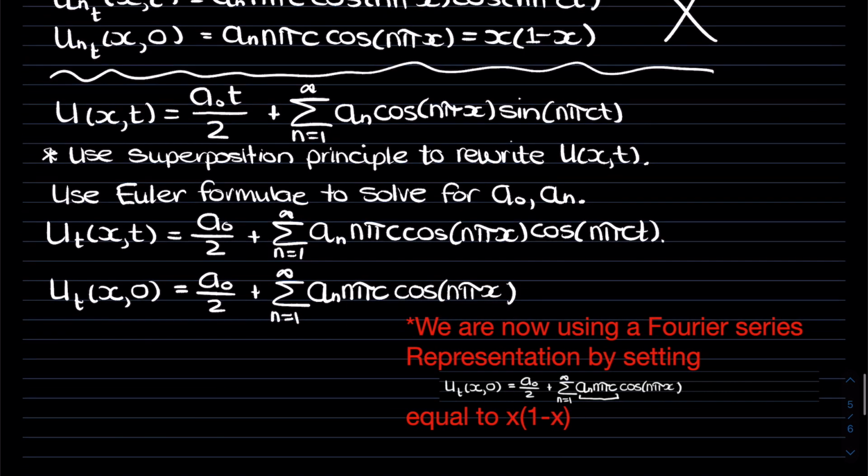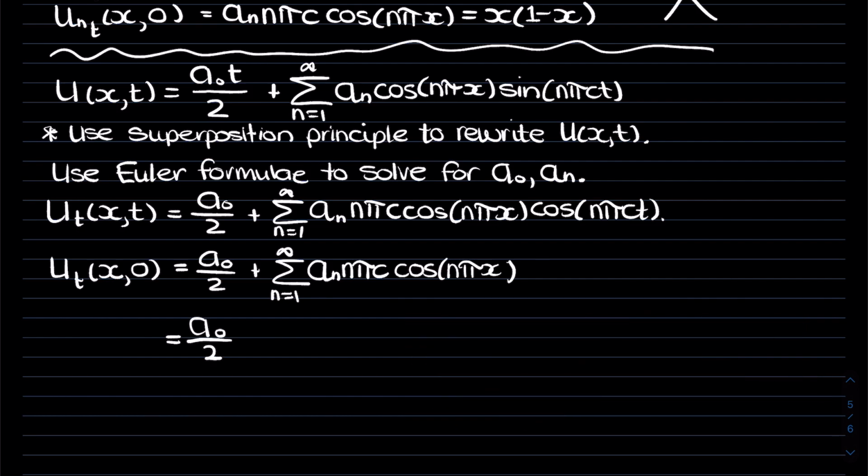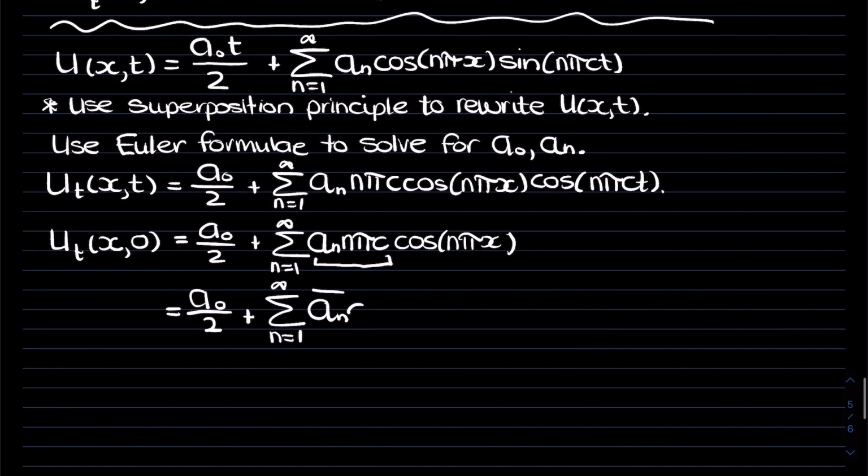So what I'm going to do really quickly is rewrite this ever so slightly differently, just to help in my workings out. I'm going to call these constants at the front here a of n bar. So cosine n pi x. And I'll just remind myself that a of n bar equals a of n n pi c.